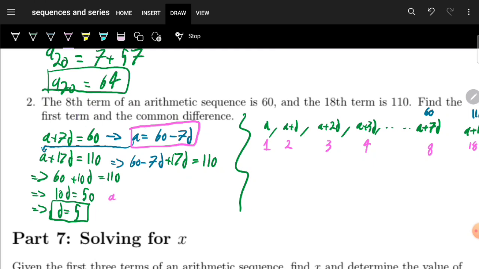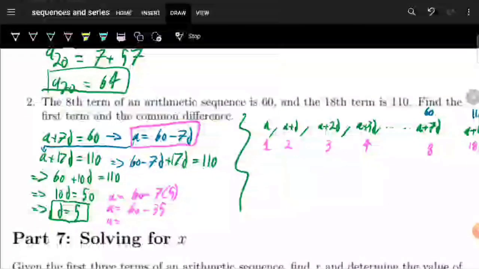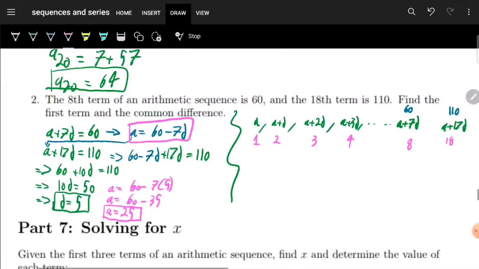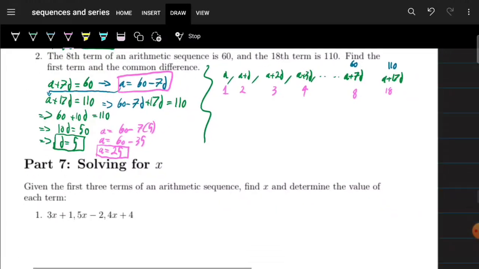So a will be equal to 60 minus 7 times 5. So a is equal to 60 minus 35. And that means a is equal to 25. Right? So our first term, our a term, is 25. Okay, so 5 and 25 are the answers for that question.